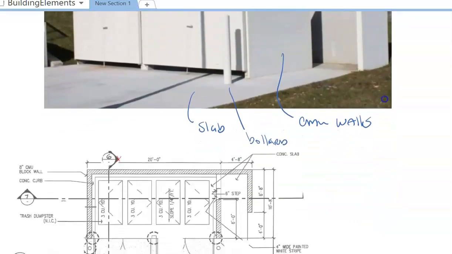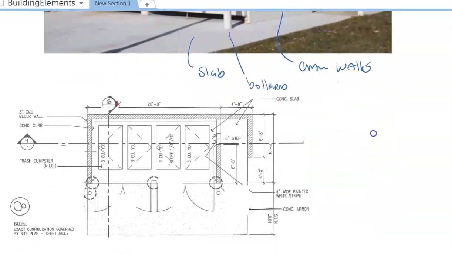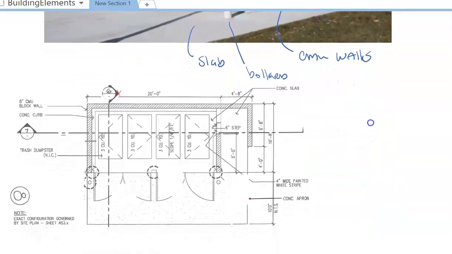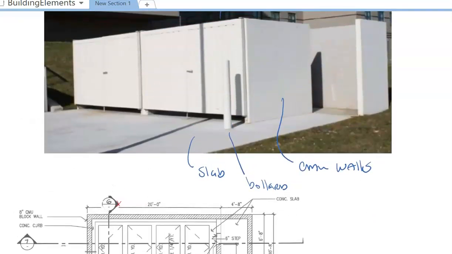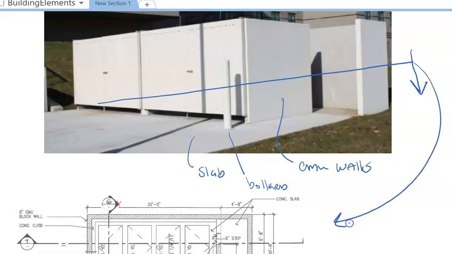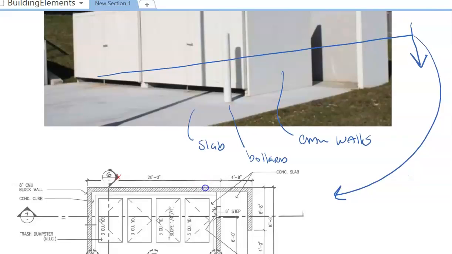And so what I gave you is an architect view of this, where the architect is essentially taking a cut right here, and they're looking down on it. So this back wall is perhaps this wall right here.